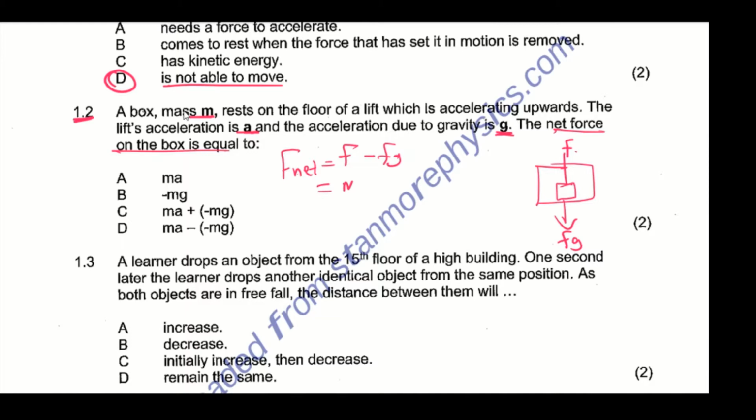So the force being m multiplied by acceleration minus mg, right? So this would be our net force. So our answer here will simply be C, right? Because we have our force here with acceleration and then subtracting the force with our gravitational acceleration. So this would be the answer C.